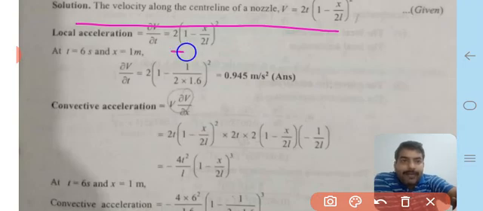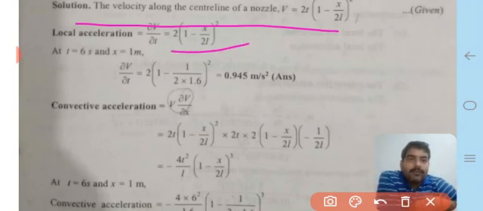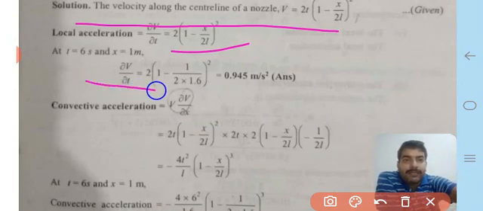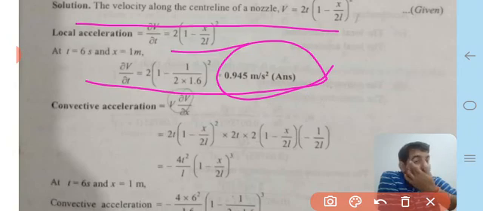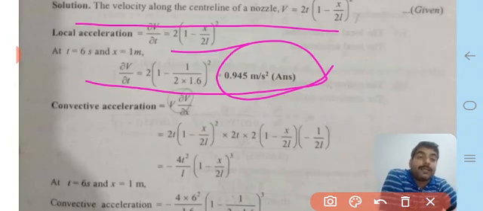Therefore del v upon del t is equal to 2 times (1 minus x upon 2L) whole square, at the given time t equal to 6 seconds and x equal to 1 meter. Putting in all the values, we get the local acceleration as 0.945 meter per second square.